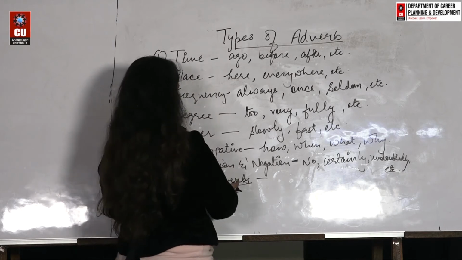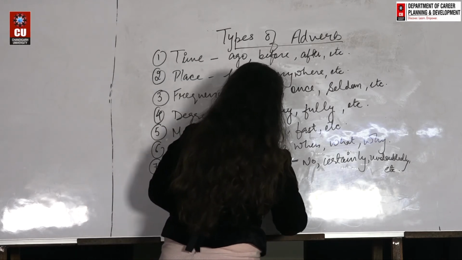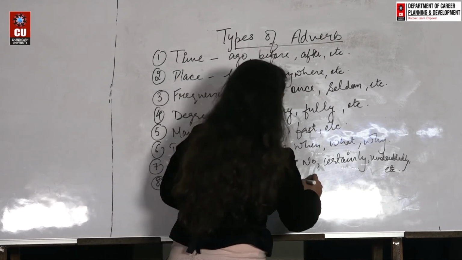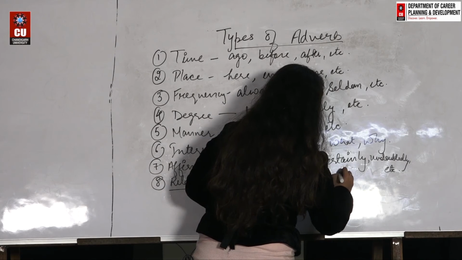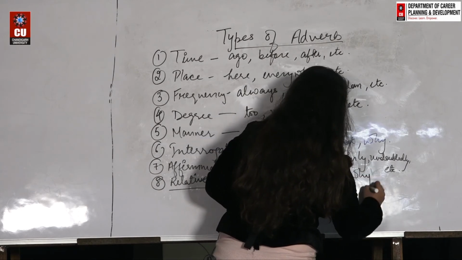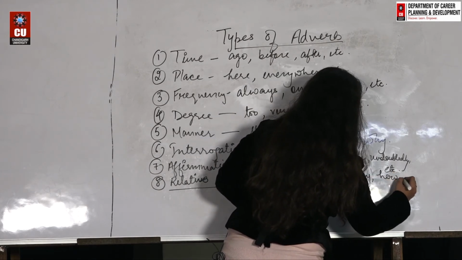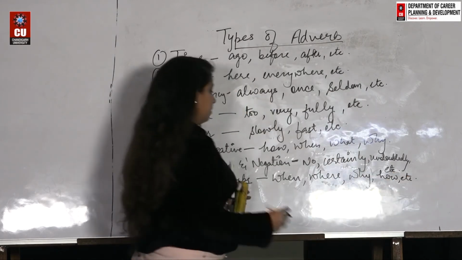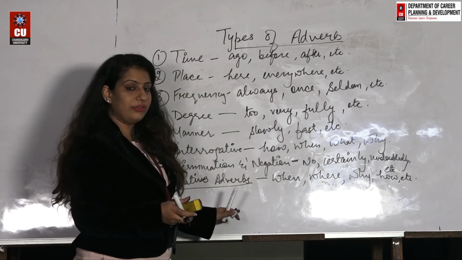Relative adverbs are somewhere related with the interrogative ones only: when, where, why, how, etc. So these are the types of adverbs.